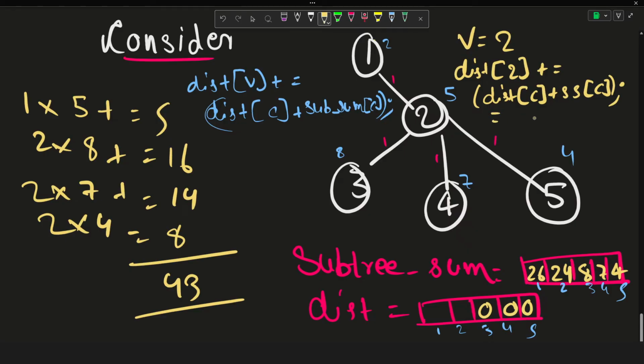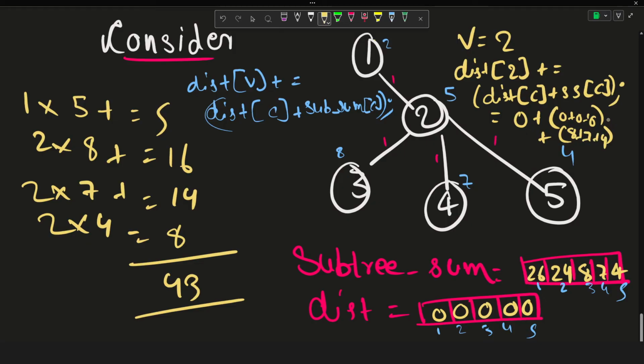So since distance of 2 is holding 0 initially, right, so every element is 0 initially, so 0 plus the distance values of its children, that is 3, 4 and 5, which is 3 zeros only, plus the subtree sum of its children, that is 8, 7 and 4. So 8 plus 7 plus 4.